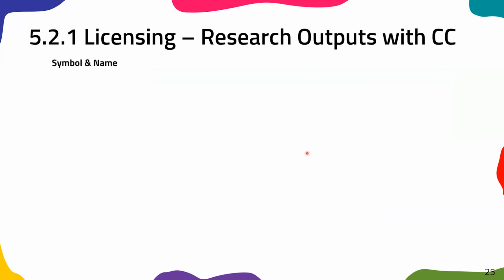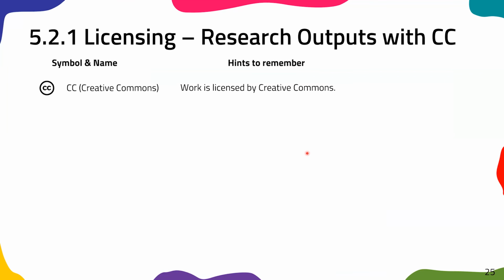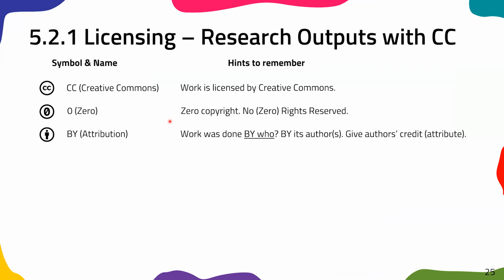Let's have a quick look at these symbols. So CC stands for Creative Commons. 0 means that the content symbolized with 0 has zero copyright, or no rights are reserved. If you see BY, just ask yourself, the work was done by who? It means that you should give credit to the author.